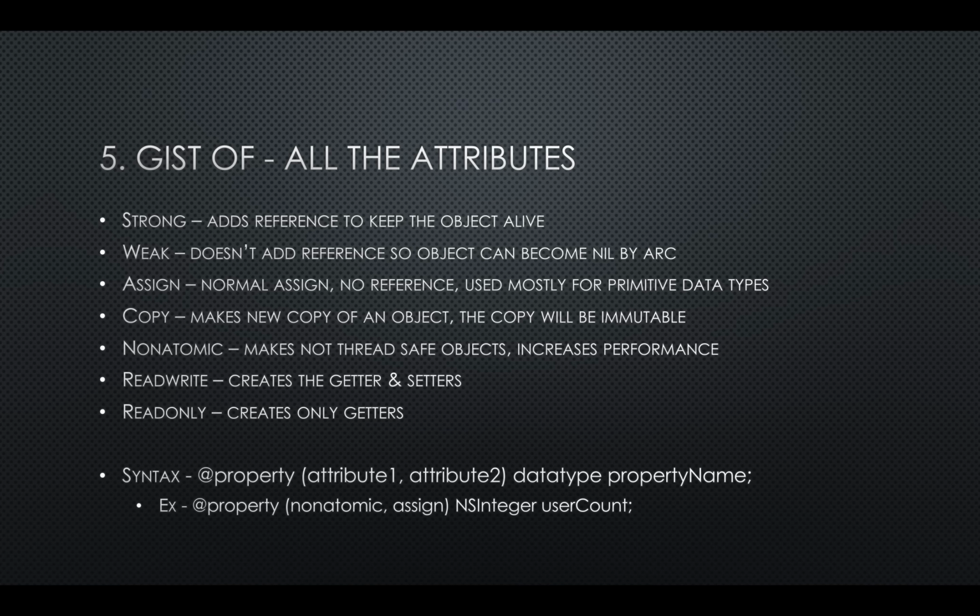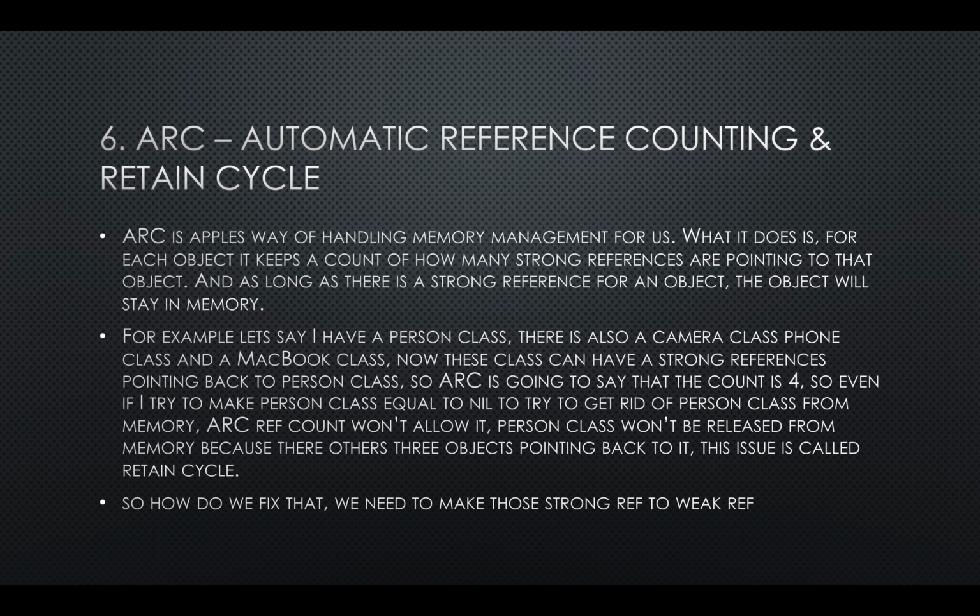An example would be @property, in the brackets non-atomic, assign, and then the data type NSInteger, and then userCount. Here, NSInteger is a primitive data type, and that is why we are using the assign attribute. And because it is non-atomic, it will be really fast, but it will not be thread safe. So there we have it.